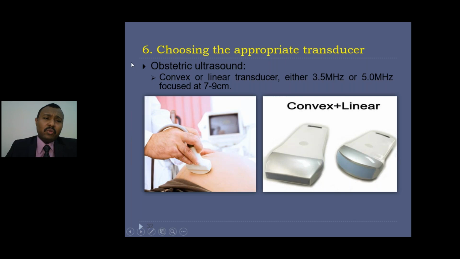So if you are interested in doing obstetric ultrasound examination with your scanner, you should make sure that your ultrasound machine contains a convex ultrasound transducer. Also, there is a need for a linear transducer, making sure that both transducers generate a frequency from 3.5 megahertz up to 5 megahertz, and that they are well focused at 7 to 9 centimeters.